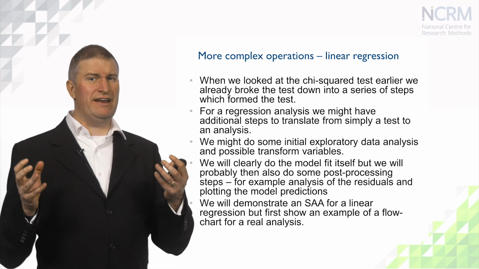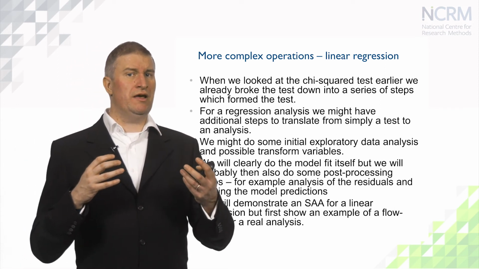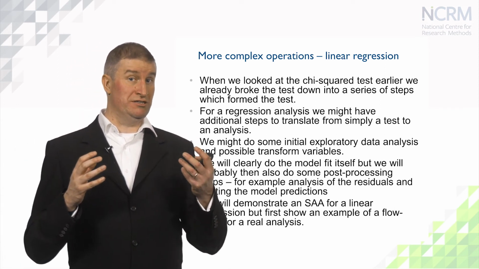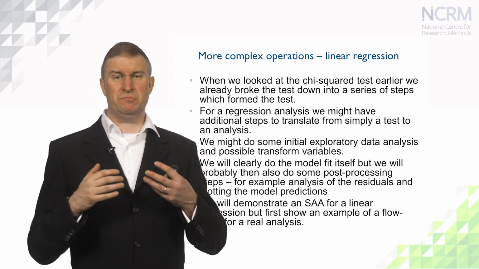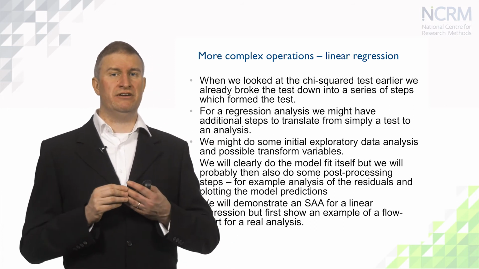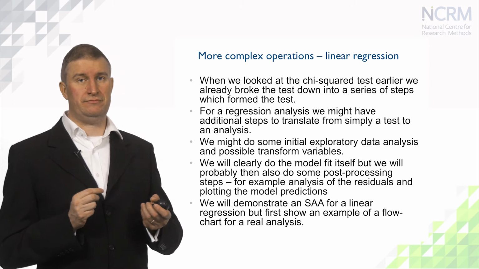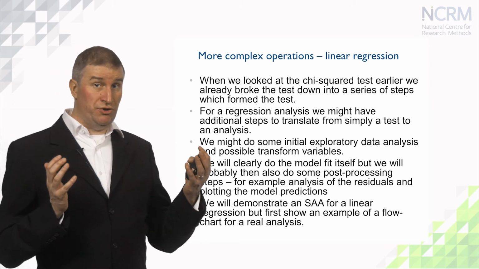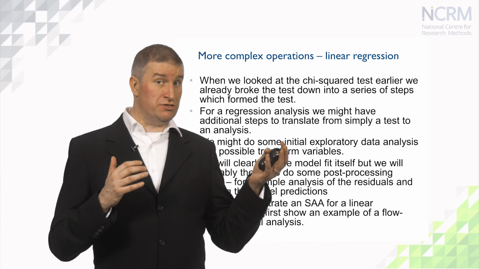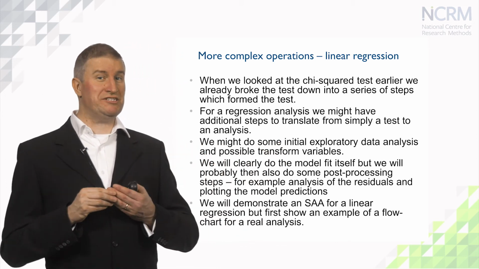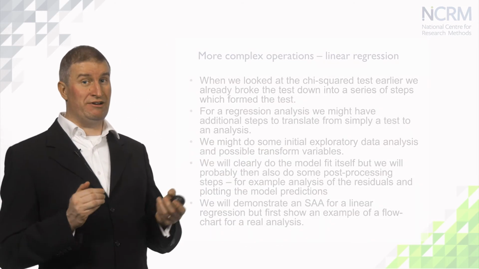This is a much fuller analysis, as we're going to do some pre and post operations, some summary statistics before and after fitting the regression itself. I will show you the SAA in a minute or two, but first, here is a possible analysis for a regression type model.